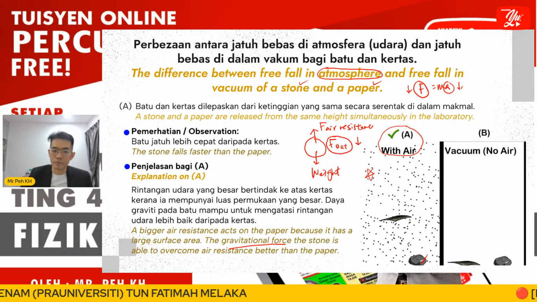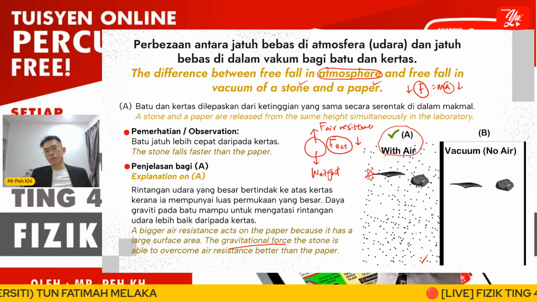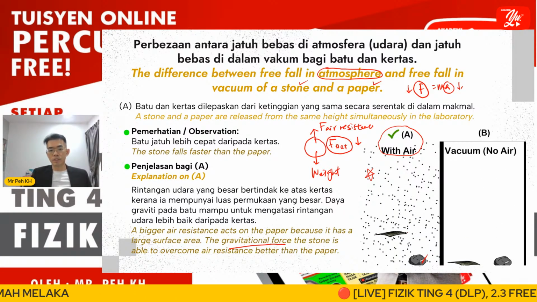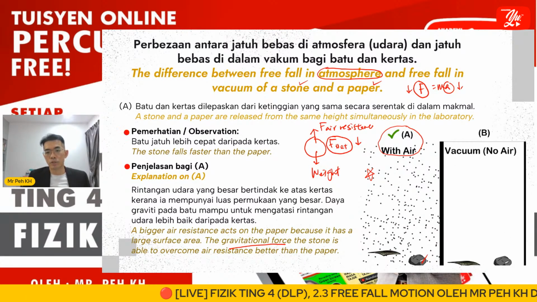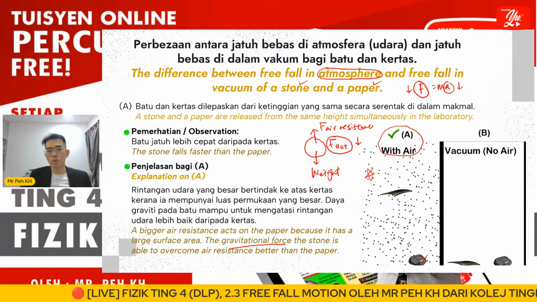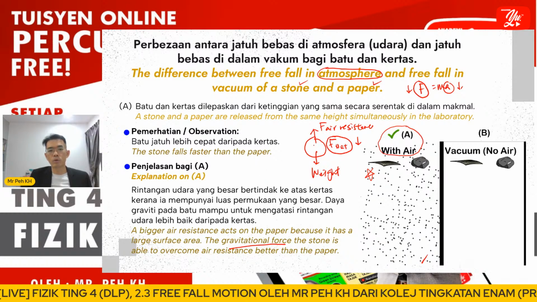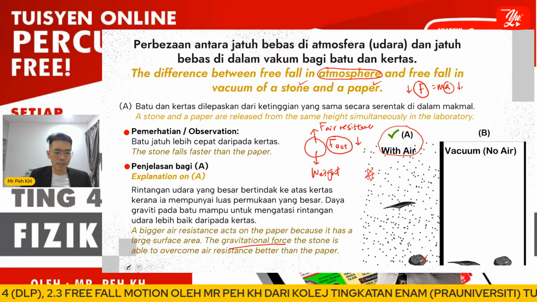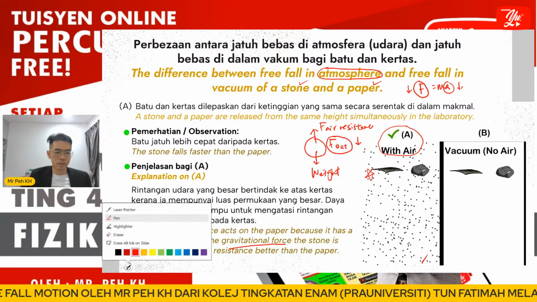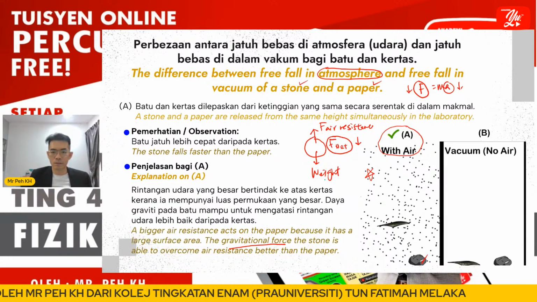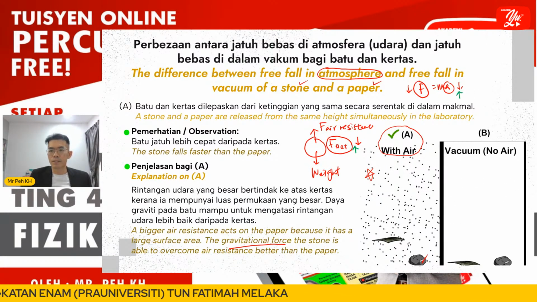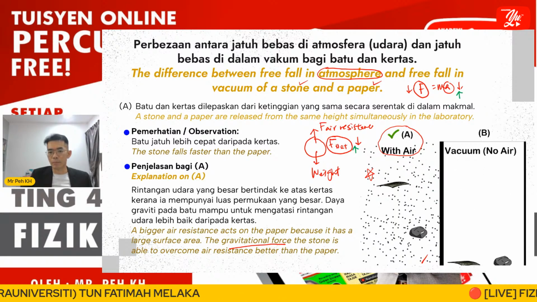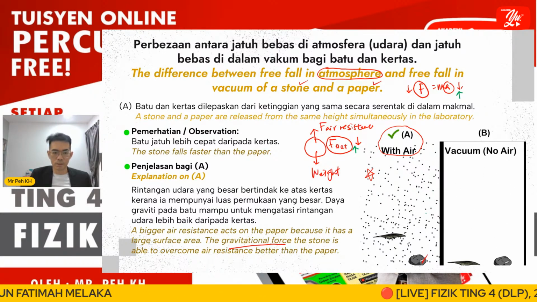On the other hand, the stone has a smaller surface area, so the air resistance will be smaller. So for the stone, the overall net force is actually higher. So the acceleration of the stone is actually greater than the paper.